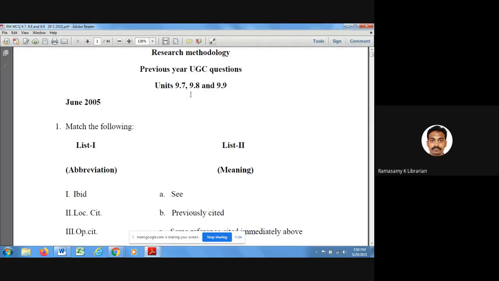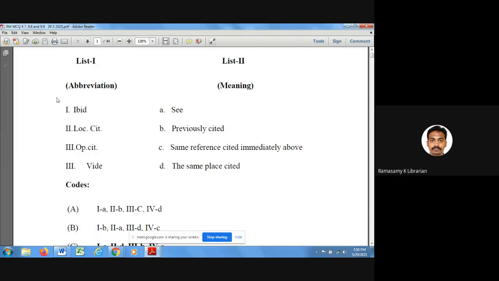Units 9.7, 9.8, and 9.9. This question is asked in many years. Please make a clear understanding of this particular matching question. IBID, I told you, see, you are writing a reference. For example, you have taken a few points from one paper. From the same paper, if you are taking one more point immediately, you can use IBID.